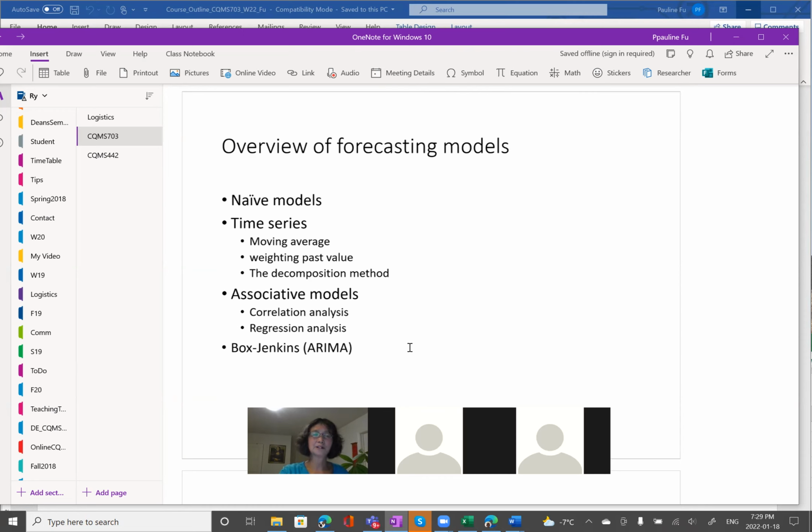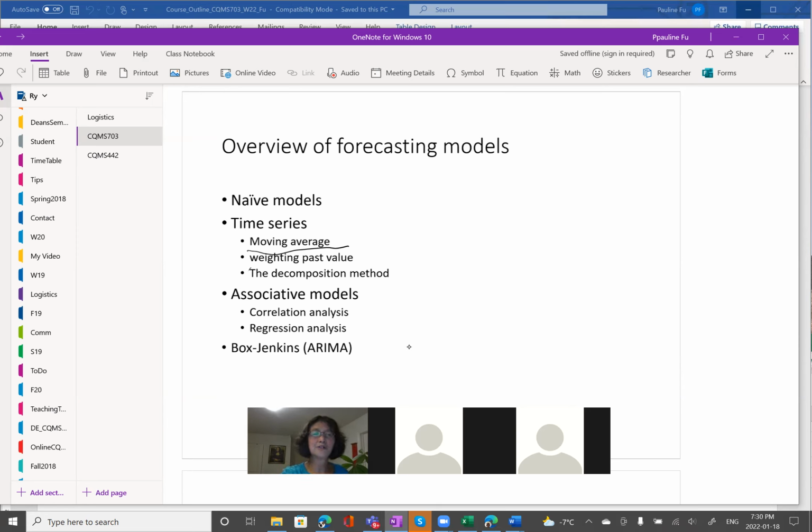When we talk about time series, usually we use the moving average, for example a 3-period moving average, meaning you average the 3 months' sales and use that moving average to anticipate next month's sales.